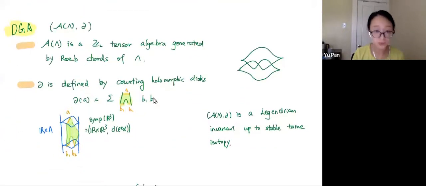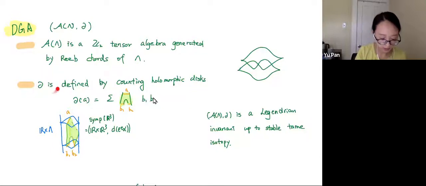Now let's get into more detail. For each Lagrangian, what is a DGA? A DGA is a finitely generated Z2 tensor algebra. The generators are the Reeb chords of Lambda. Here, Reeb chords are vertical line segments with both ends on the Lagrangian. There are finitely many of them, so this is a finitely generated tensor algebra.